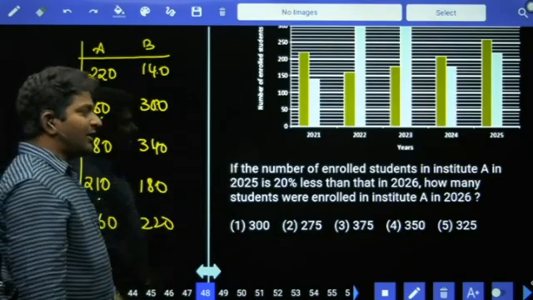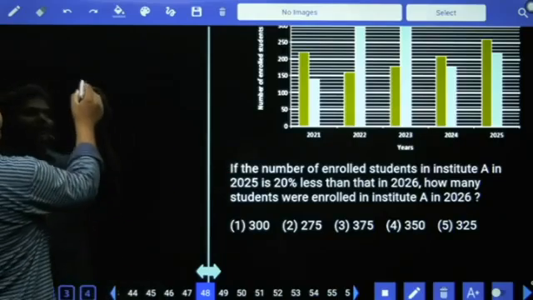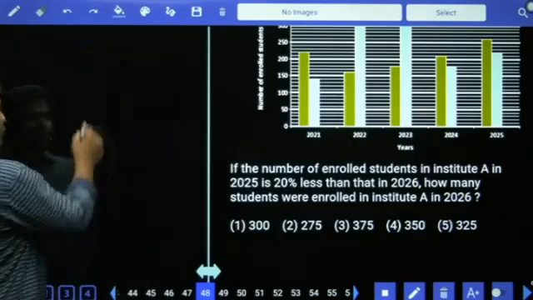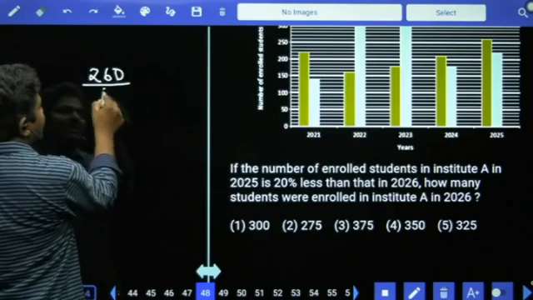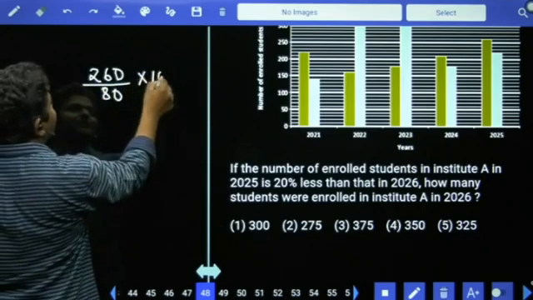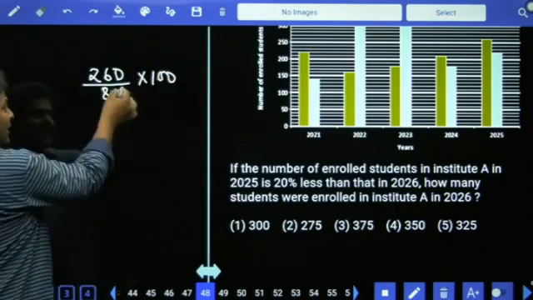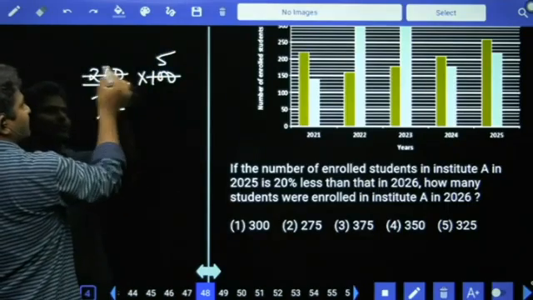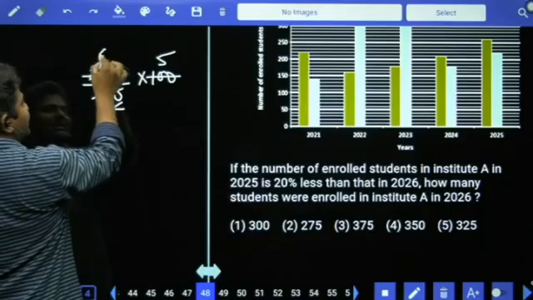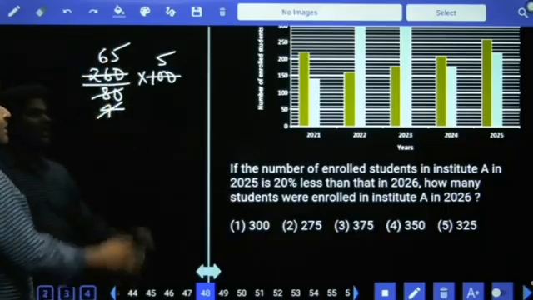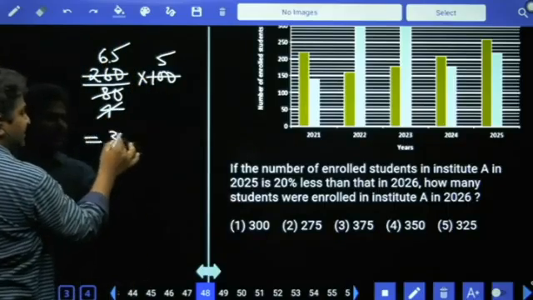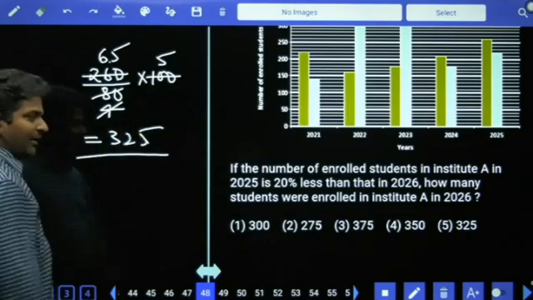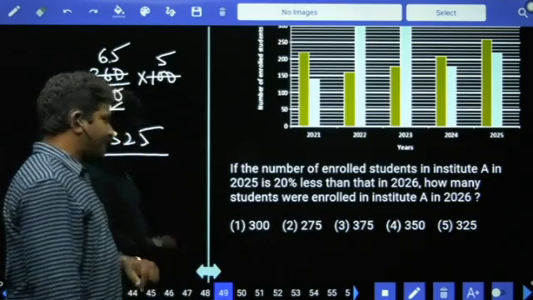Now, if 80% is equal to 260, then 1% is divided by 80, and 100% is times 100. 24 times here, 20; 5 times here, 4; 65 times here. 65 into 5 is equal to 325. 325, fifth option is our answer.